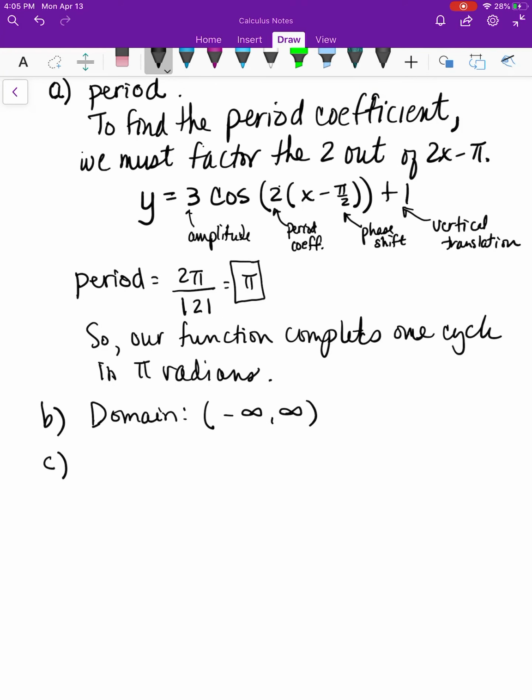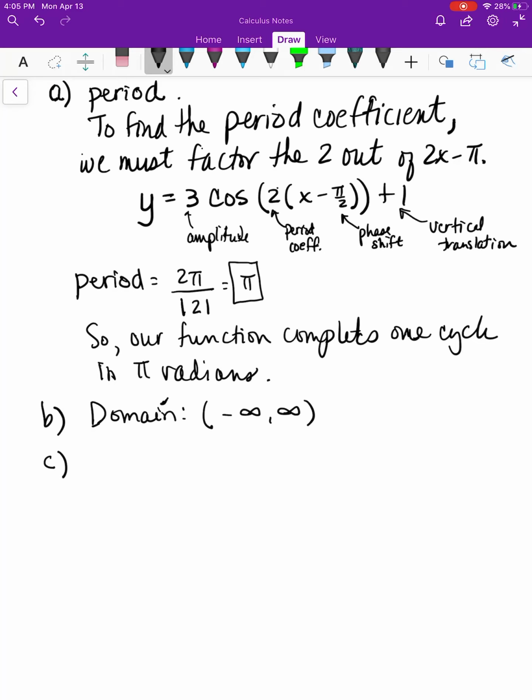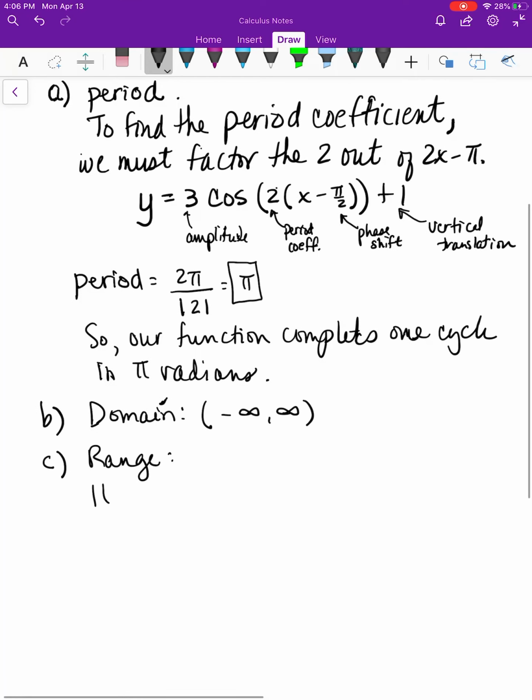Sine and cosine functions always have a domain, negative infinity to positive infinity. Okay? There's nothing that will make it division by 0 or give you something underneath a root for those, unless you had a weird situation. But if it's a sine or a cosine function, you're going to have domain negative infinity to positive infinity.